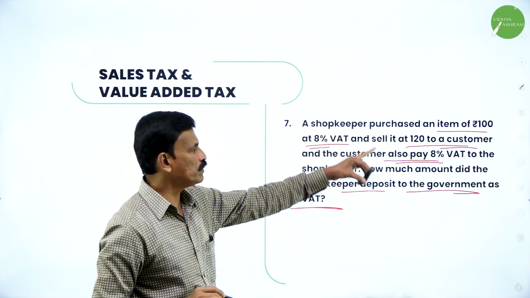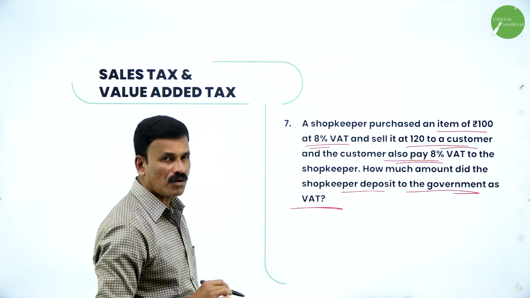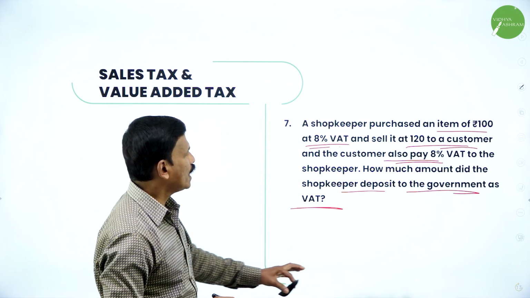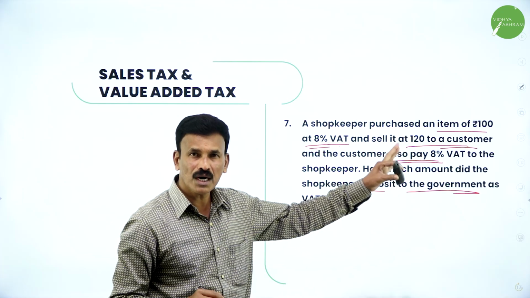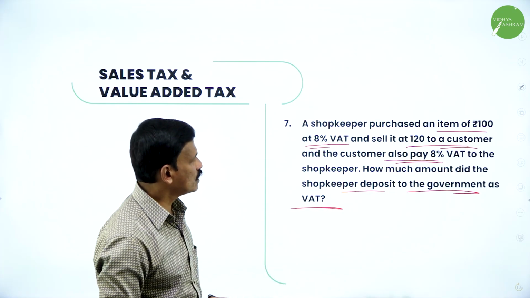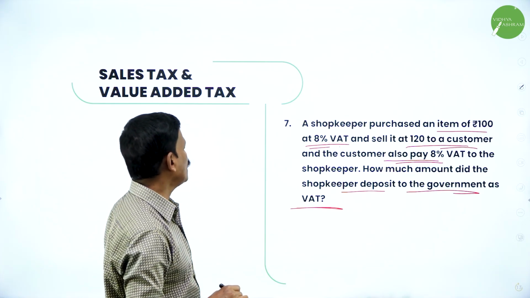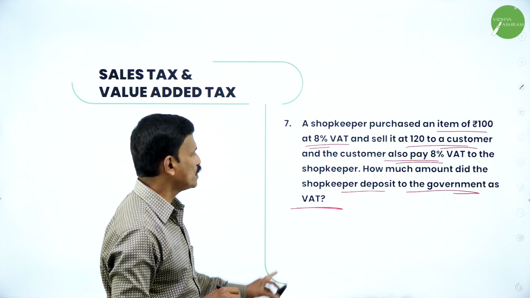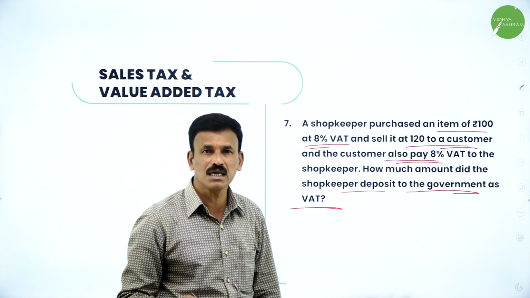So, a shopkeeper purchased an item of rupees 100 at 8% VAT and sells it for 120 rupees to a customer, and the customer also pays 8% VAT to the shopkeeper. How much amount did the shopkeeper deposit to the government as the VAT?